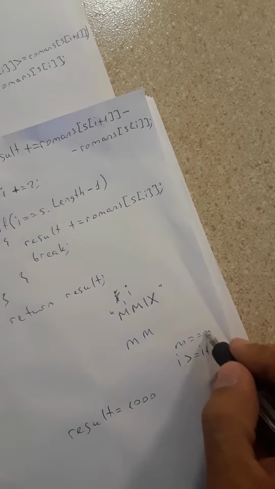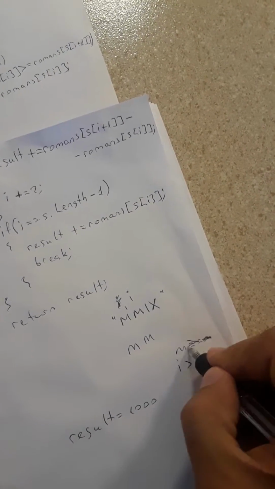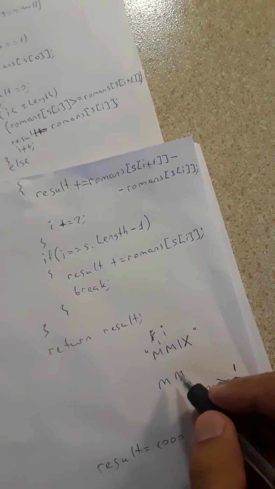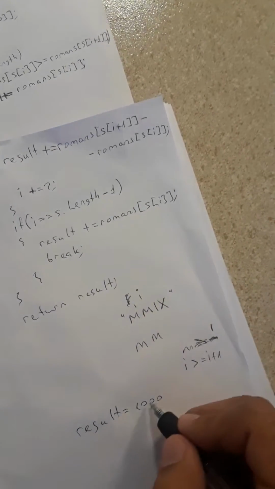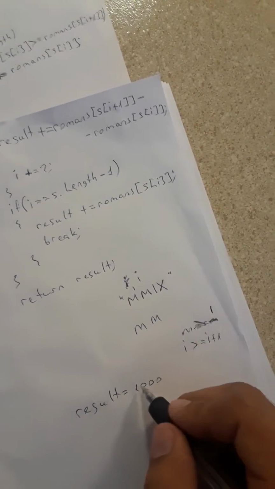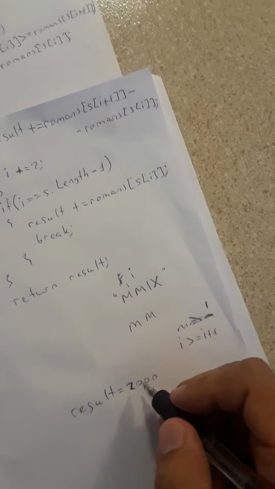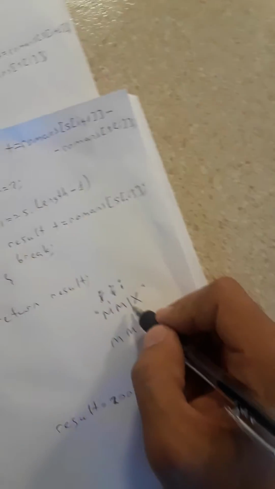So M is greater than I, 1000 is greater than 1. Because it's greater, we just pass 1000 to the result as it is, so it will make our result equal to 2000. Then we go to the next character, which is I.